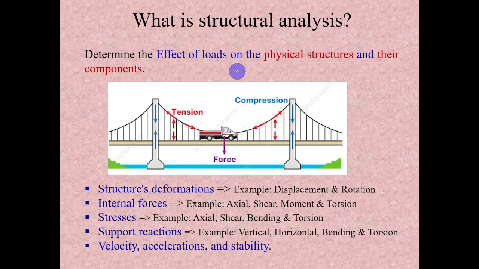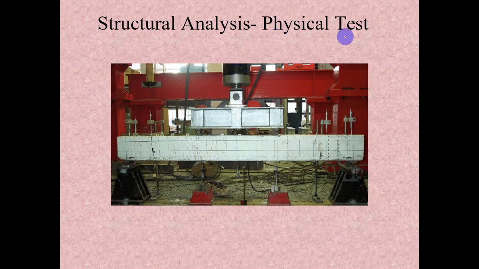One way is to do physical testing. We have to cast that element, apply the loading physically, and observe the behavior. Here, this is a loading frame, and here is a simple RCC beam which is cast, and after attaining certain strength it is fixed in the loading frame. The loads are applied from here.